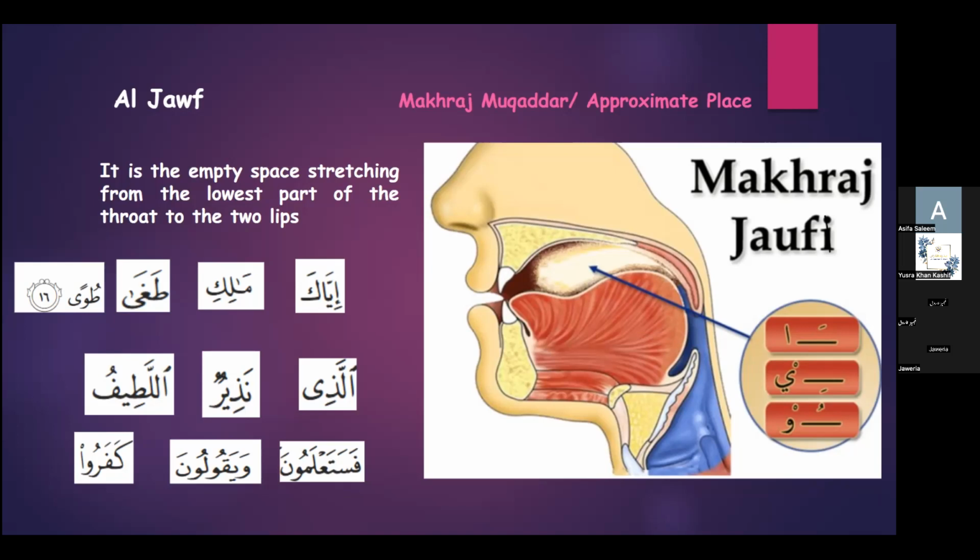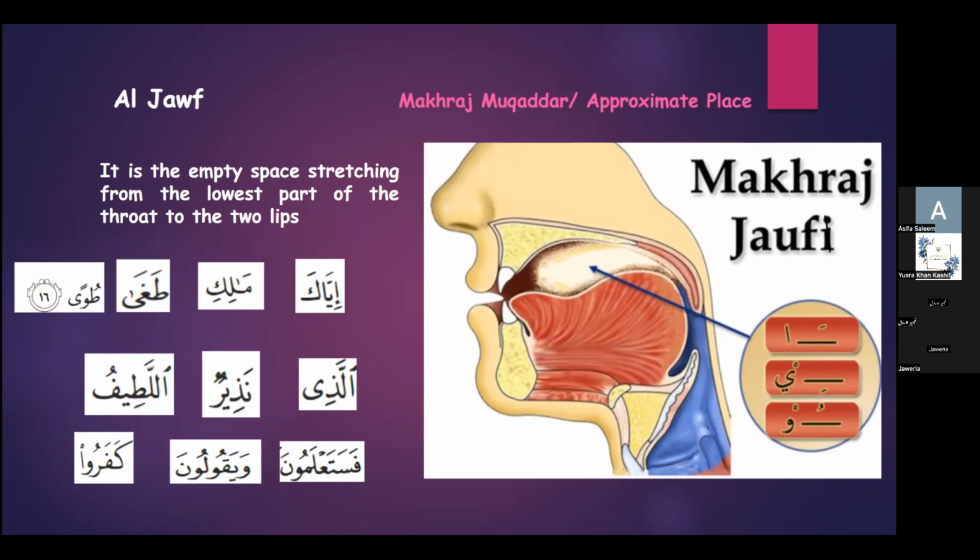Now the makhraj, I know the sound is coming from Al-Jawf, but obviously you need to round your lips, and then the tongue from the back would be raised. Mu, the sound, as I said, is coming from Al-Jawf, but the lips are fully rounded and the tongue is raised from the back.